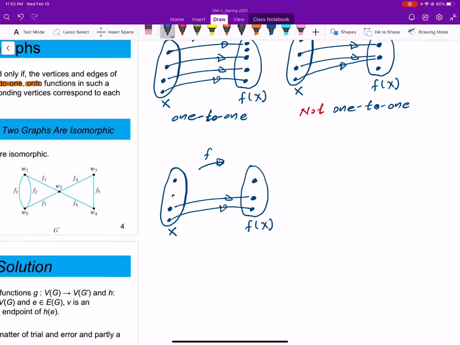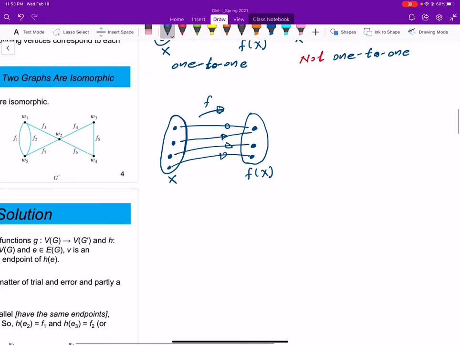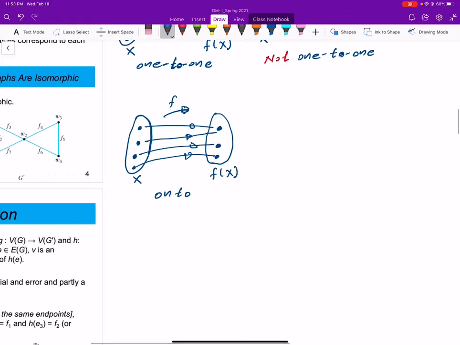And see, this is onto, because all the elements in this set are mapped by elements in that set. This is onto. Now I'm going to show you a case which is not onto.